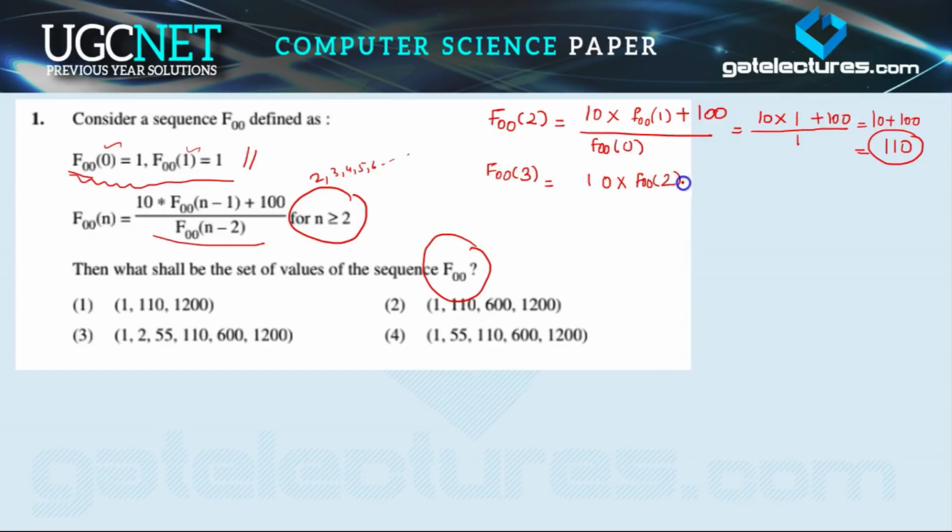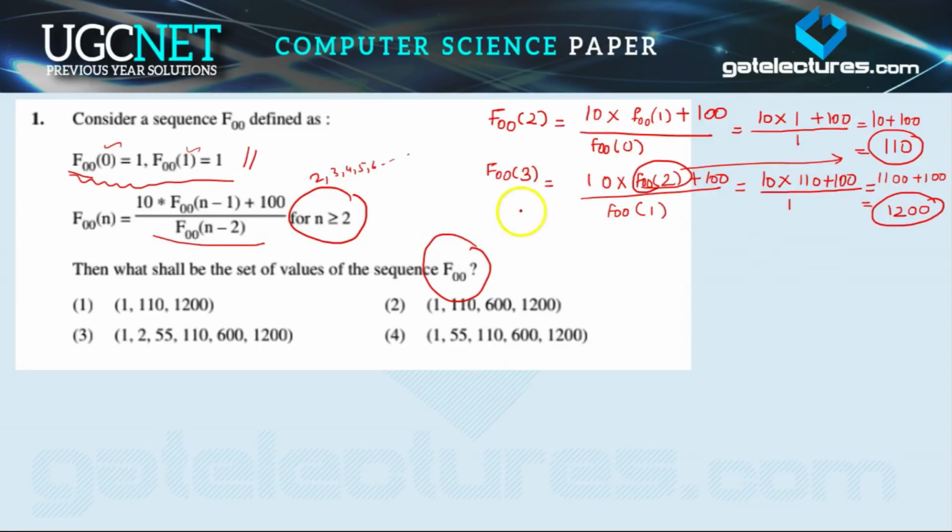So this is 10 into 110 plus 100, which gives 1200. So 1200 is the answer.